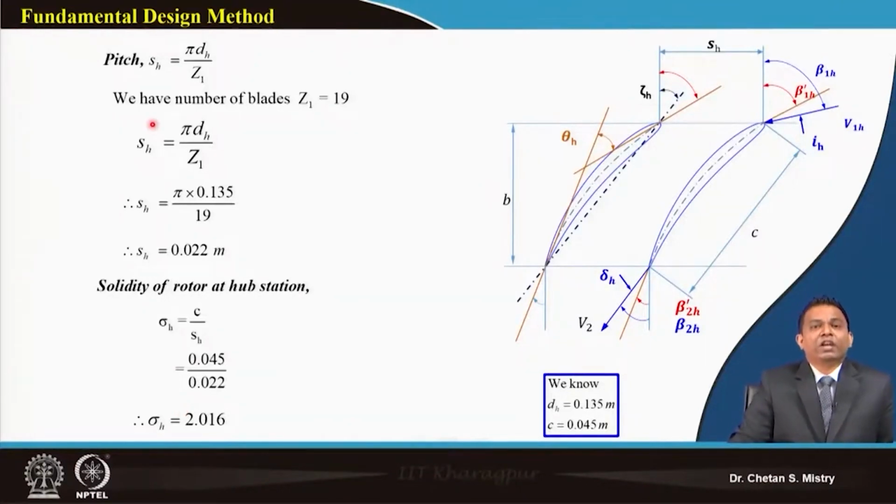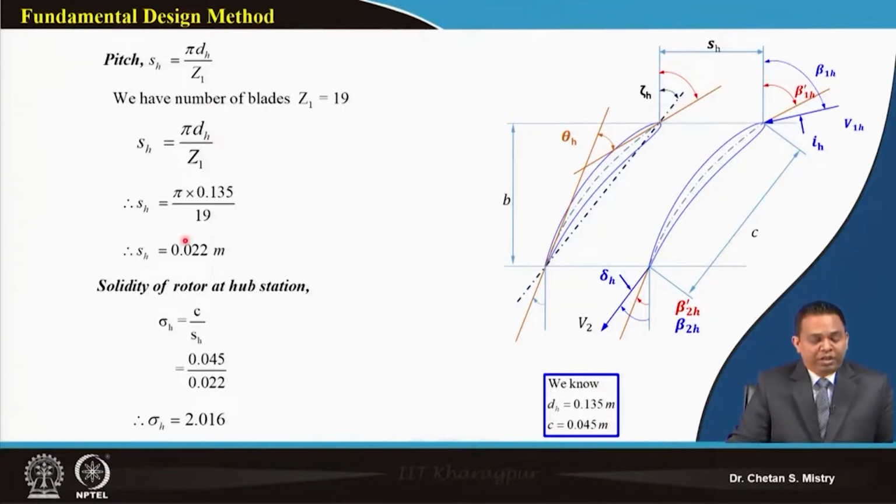Here we can do our calculation for the pitch. Be careful, this is for representation purposes only. You can understand that at the hub my radius will be smaller, and that's the reason my pitch will be smaller. At the tip, my radius is higher, so for the same number of blades my pitch will be on the higher side.